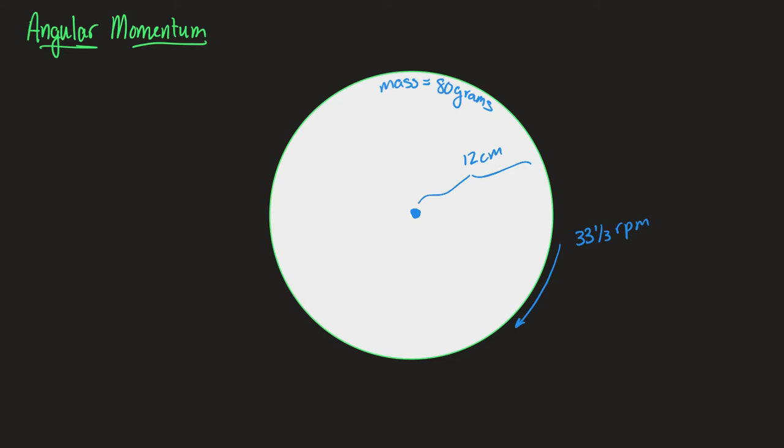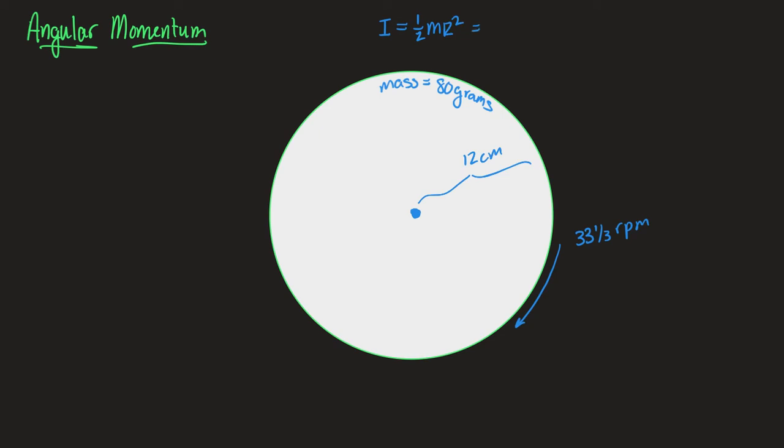Now, in order to calculate angular momentum, everything will need to be converted to kilograms, meters, and radians per second. So let's start that process real quick. If this is a disc, and I think we can all say a record is a disc, it's going to have a moment of inertia of 1/2 mr squared.